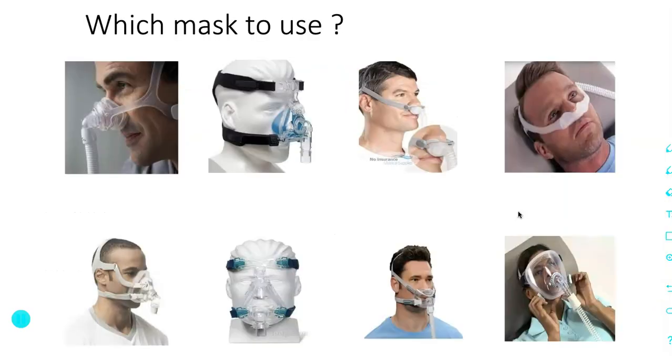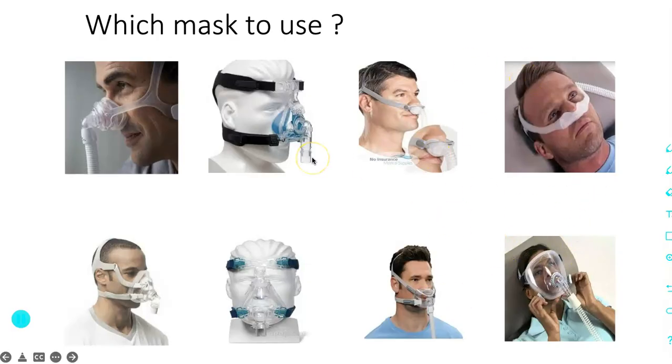So the question is, once we have decided to go with a positive airway pressure for the treatment of OSA or for the treatment of sleep-related breathing disorders in general, what is the interface to be used?